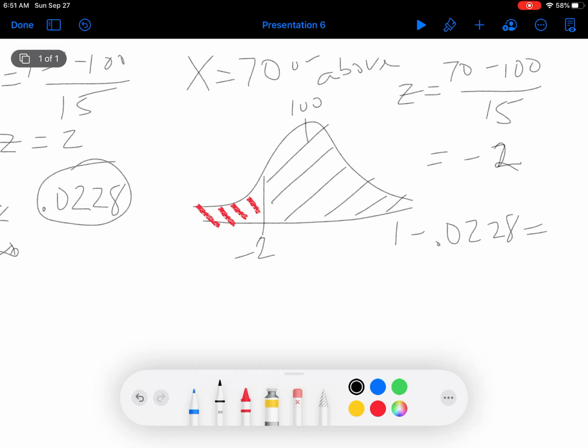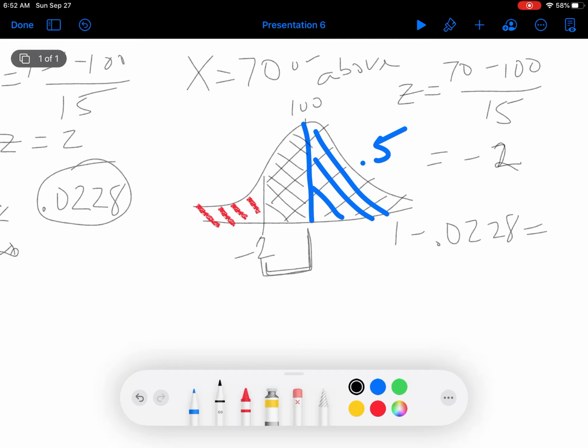The other way to do this is to divide it into two sections. If the area under the curve is always 1, that means that half of the area under the curve, this part here, is always going to equal 0.5. So then, if we know that that part equals 0.5, our job would be to find the area here. And that's something that we already know how to do too.